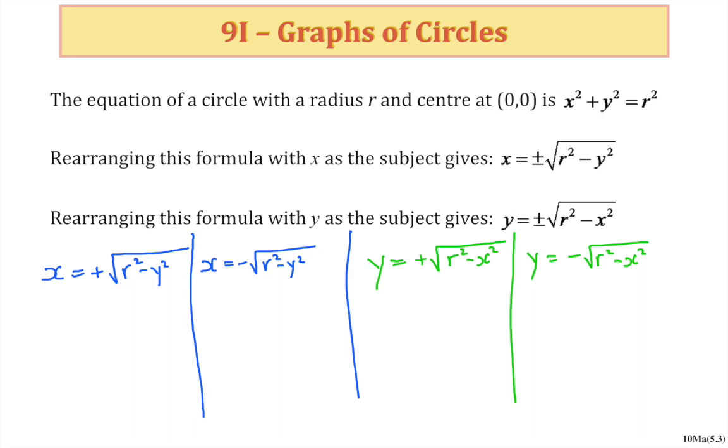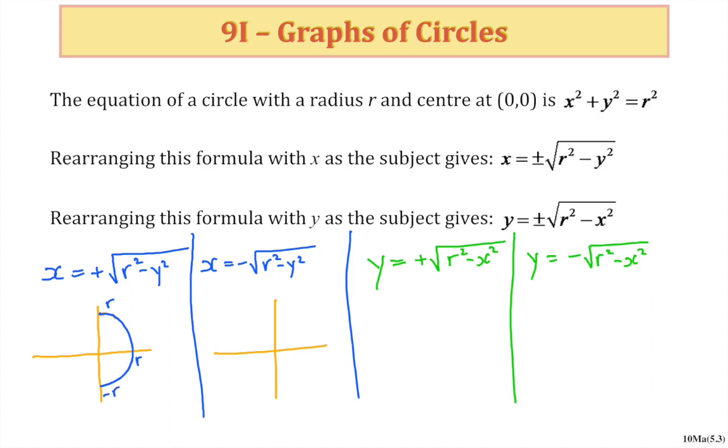If I look at this one here and this one here and compare the two graphs, x equals plus the square root of r squared minus y squared is, let me draw it in blue, a semicircle to the right hand side of the circle, and its radius is still r.